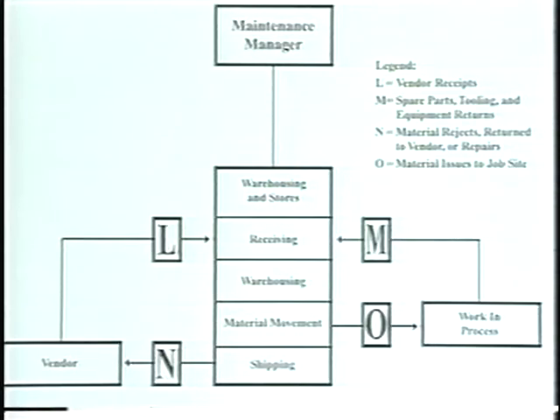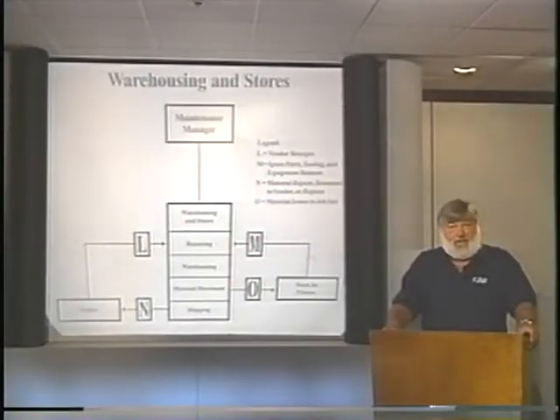It could be because of poor quality, or it could be an item that is going to a supplier for repair. The material movement O is to actually either issue material to craft personnel against a planned maintenance work order, or delivering material to the job site. And M is the receiving of spare parts and tooling and equipment and documentation, etc.